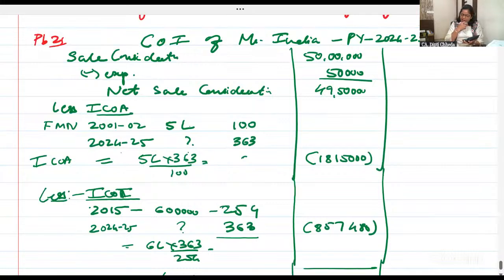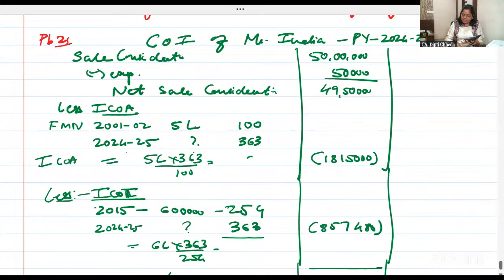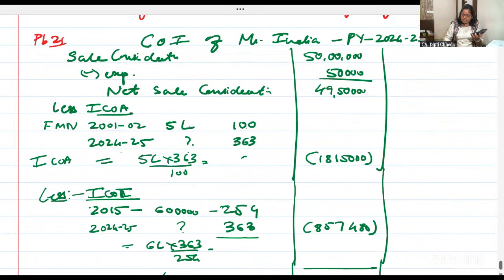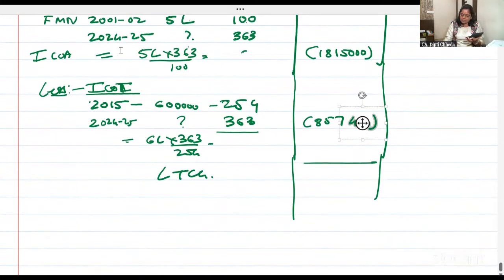49 lakh 50,000 minus 18 lakh 15,000 minus 857 480 is 22 lakh 77,520. That's the long-term capital gain.